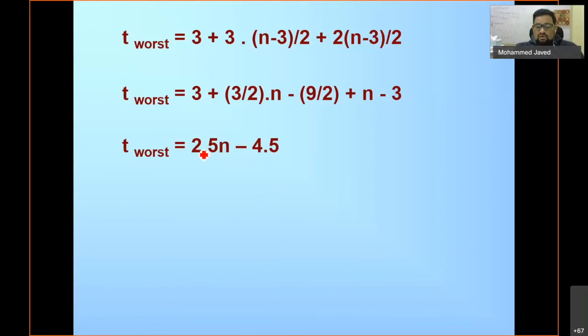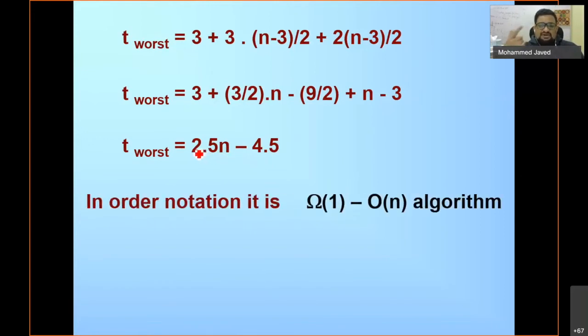Now just remember and see what was the constant in the previous algorithm. Though in order notation both time complexities are linear, what has changed is the constant value. This value is decreased in this particular algorithm.